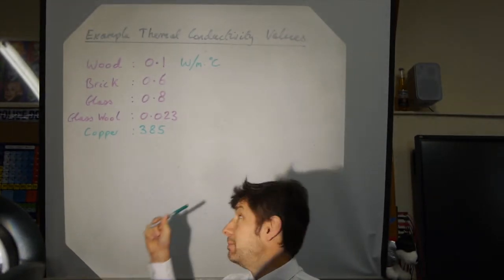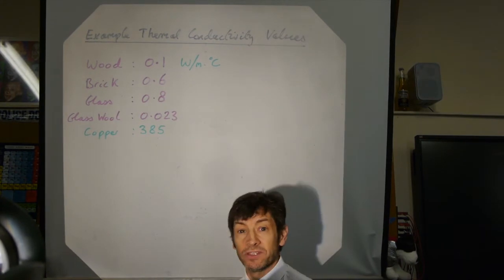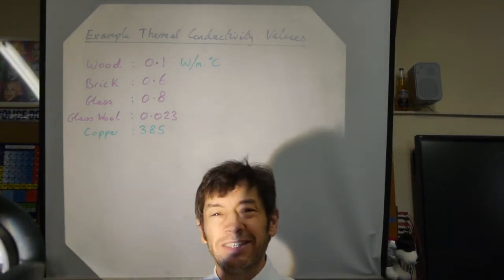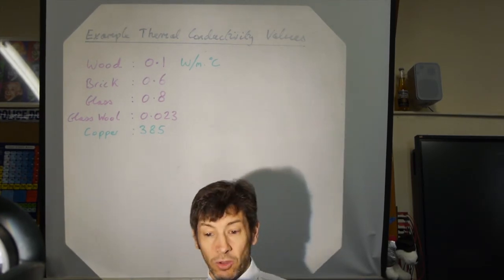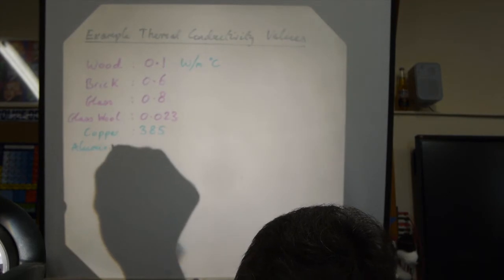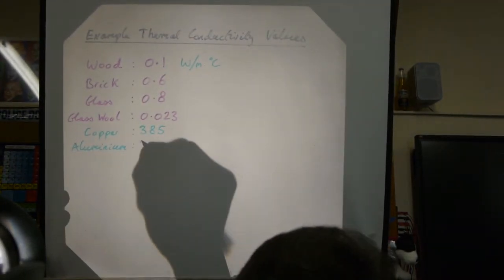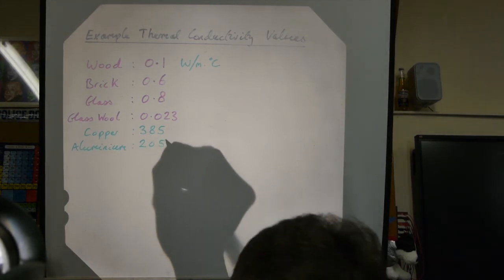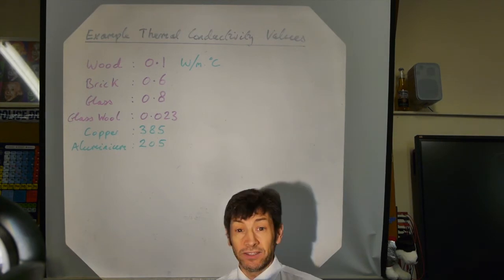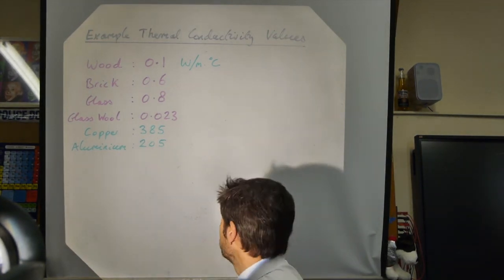Many, many times bigger than the other ones here. Now, when we did the experiment, some of you will remember that aluminium conducted not quite as well as copper. So, aluminium comes out at 205.